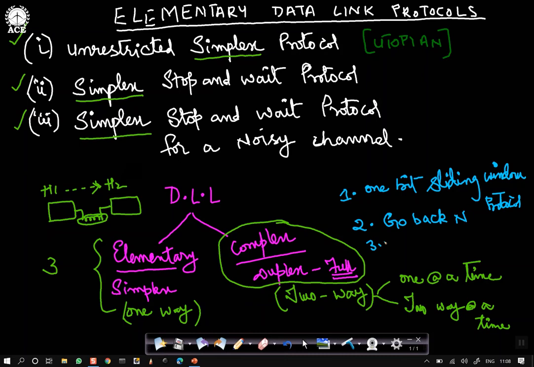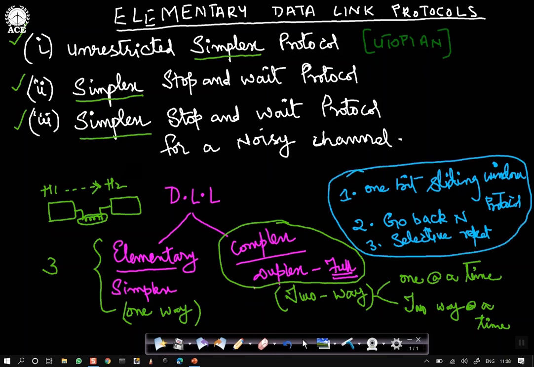And third, selective repeat. These are all classified as the second set of complex protocols or full duplex protocols under the banner called sliding window. So essentially, the complex protocols which I mention are nothing but sliding window protocols.